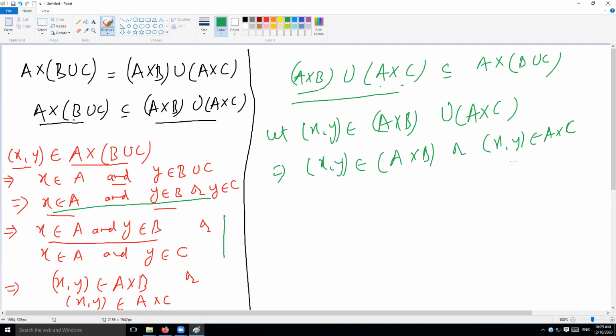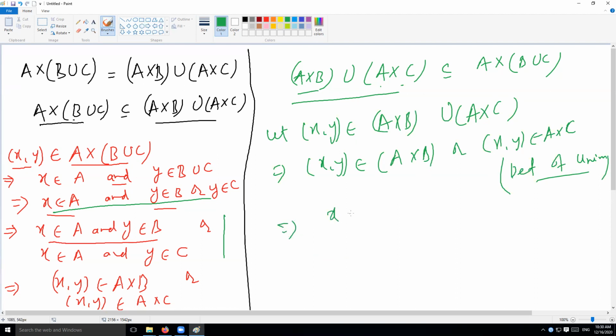But if you are writing a proof, you should mention what you have used. So I have used the definition of the union to go from this step to this step.